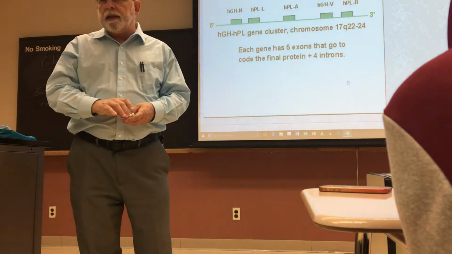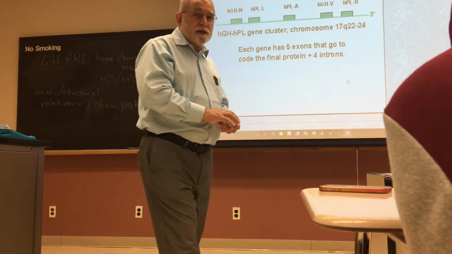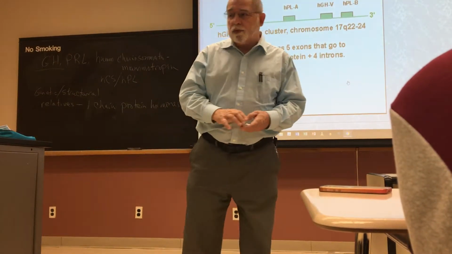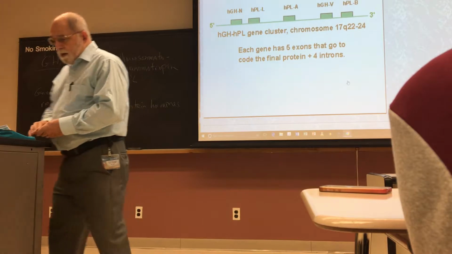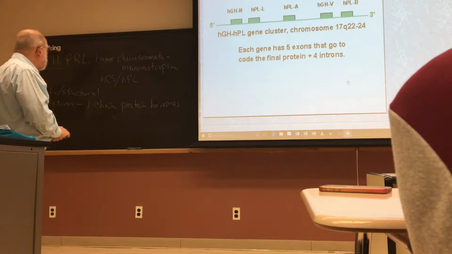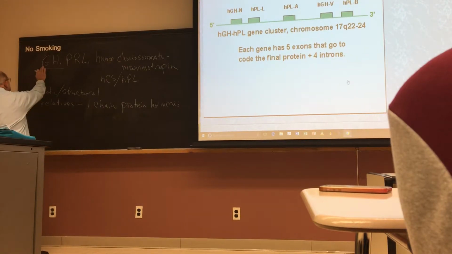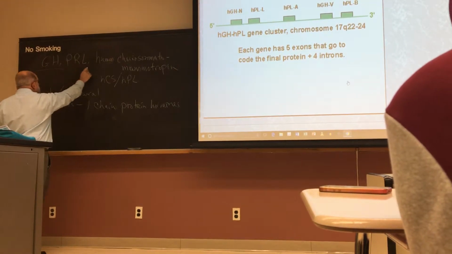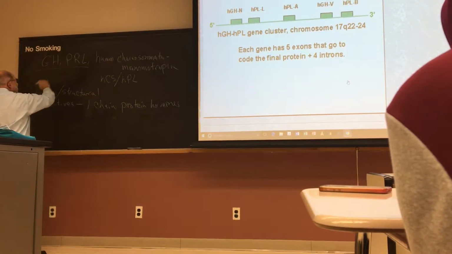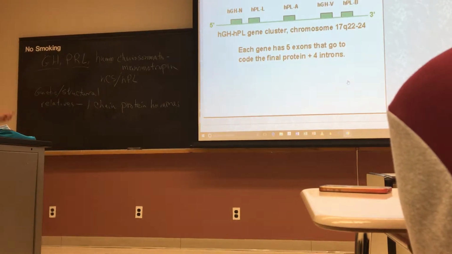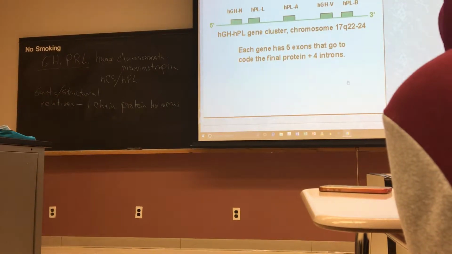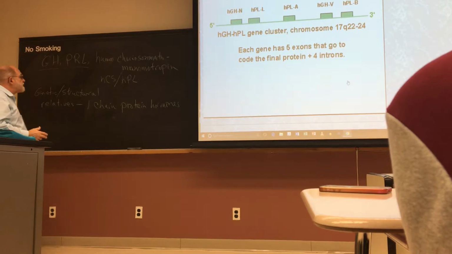So you can get diabetic-like conditions, for instance, with hyperprolactinemia. So you've got hormones that act via somewhat similar receptors in different tissues. Their structures are similar. Their genes are obviously similar.